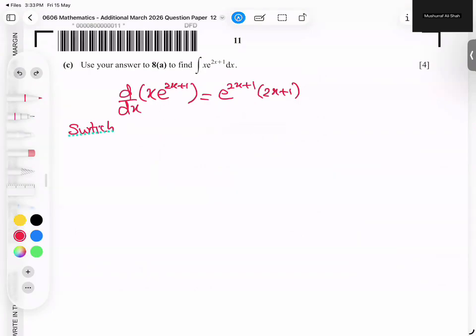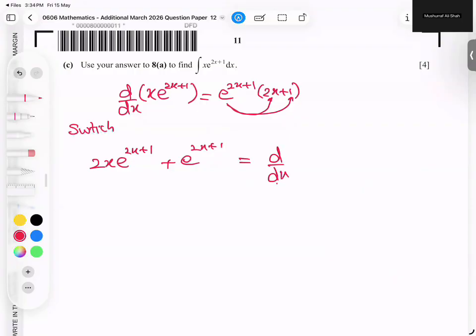And this, I think you see, we need to multiply. So this multiply inside, no problem at all. 2x e to power 2x plus 1 and e to power 2x plus, basically this multiply with this and this multiply with 1. So it equals what?